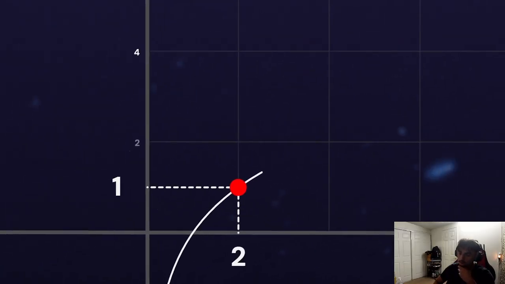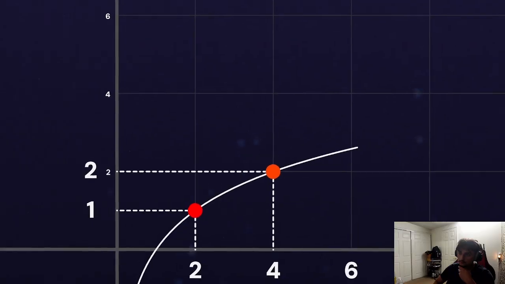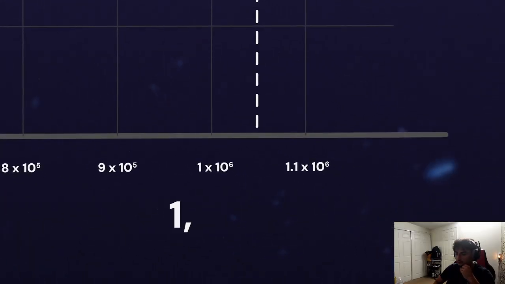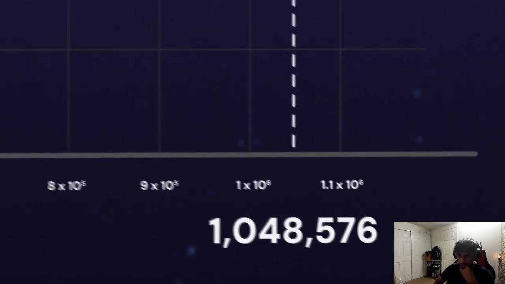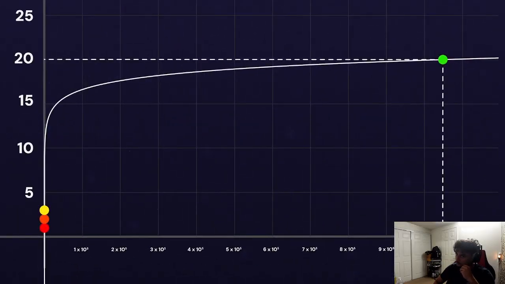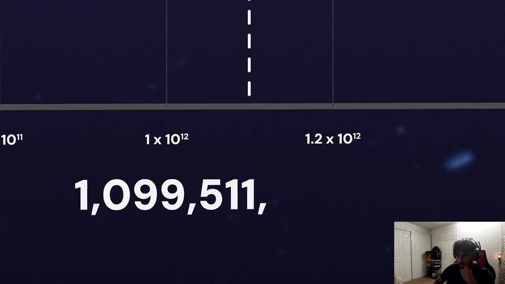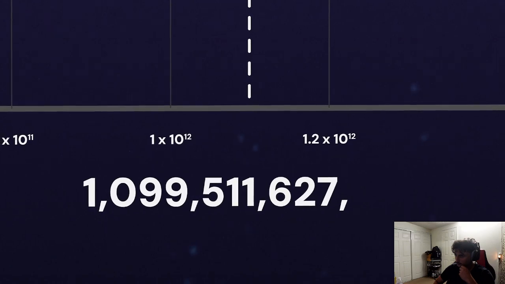Log base 2 of 2 is 1, log base 2 of 4 is 2, log base 2 of 8 is 3, log base 2 of 1,048,576 is just 20. And even more crazy, log base 2 of 1,099,511,627,776 is 40.